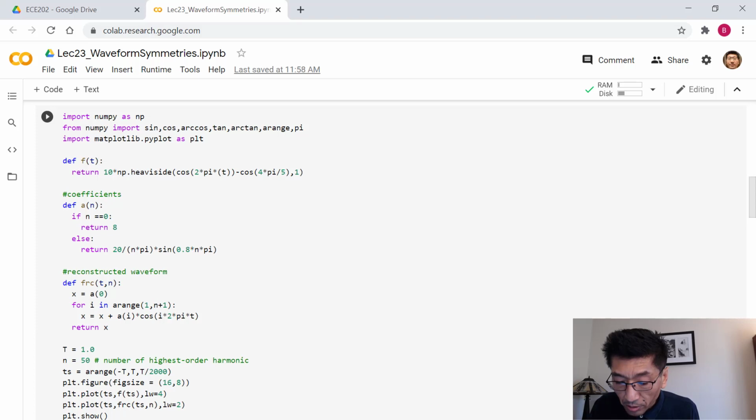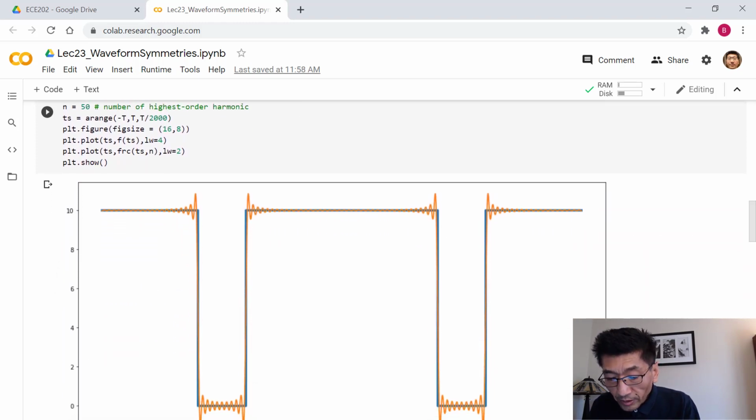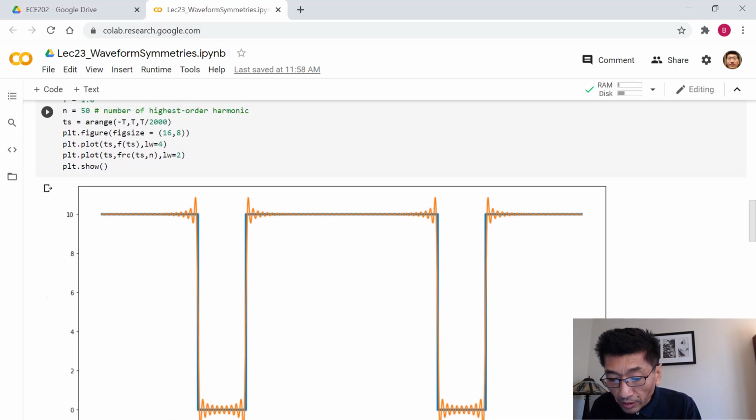And I'm going to reconstruct this waveform. So I have x equal a0 plus all the an times cosine n omega t. Omega is 2 pi, right? So I'm just directly writing 2 pi here. And we know this T is 1.